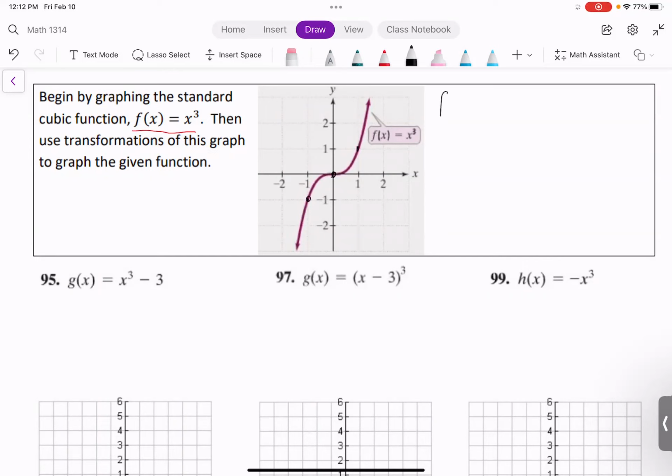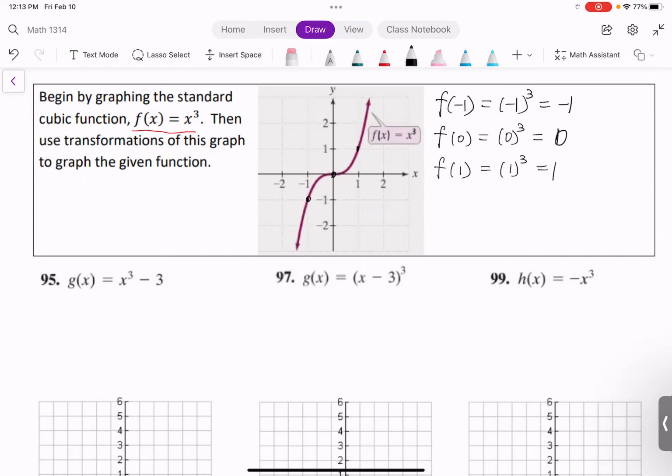Let's try, what is f of -1? f of -1 is -1 cubed. That's -1 times -1 times -1. Yes, that's still -1. How about f of 0? f of 0 is 0 cubed. That is 0 times 0 times 0. That's 0. How about f of +1? f of +1 is 1 cubed, 1 times 1 times 1.